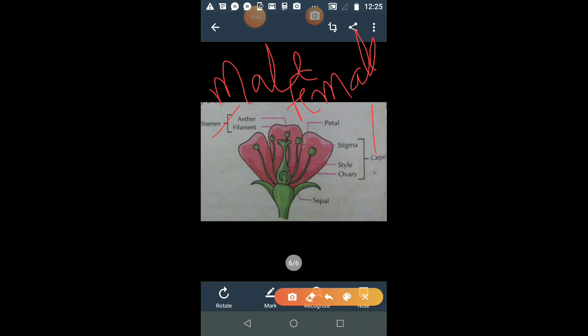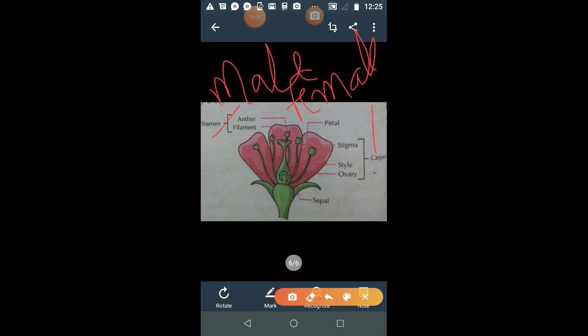Now what happened in this flower? Both male and female parts are in the same flower. So now students, try to understand what is self pollination. Pollen is inside the anther.